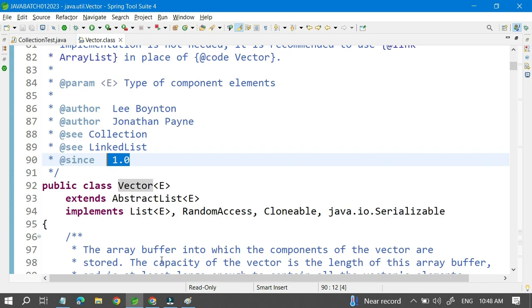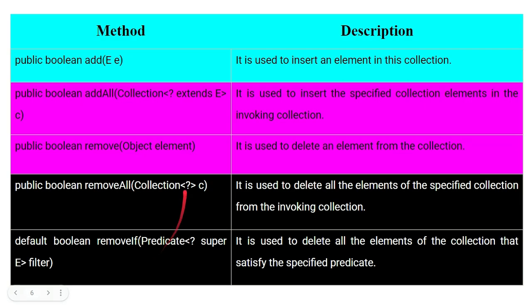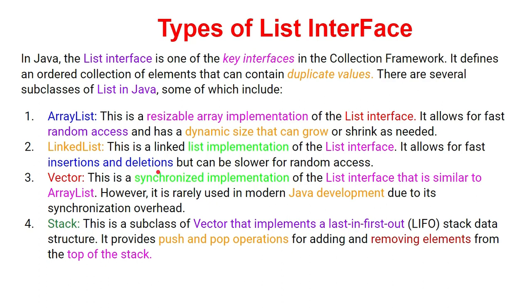Because of that oldness, and also because it's synchronized, people are not using it in modern Java development. It's very little used. People are using ArrayList and LinkedList, and only if it is required do they use Vector, otherwise no.